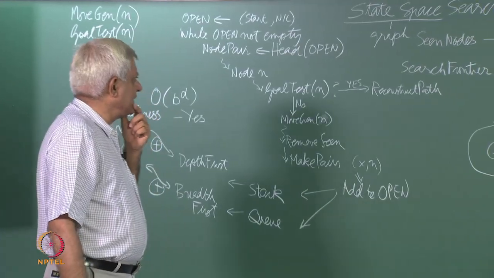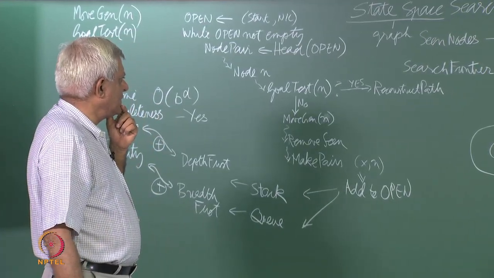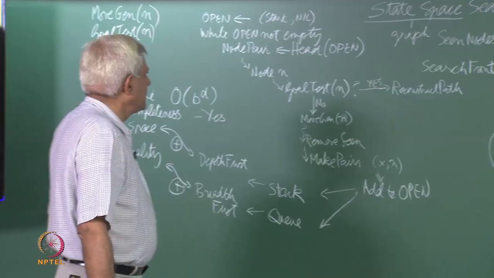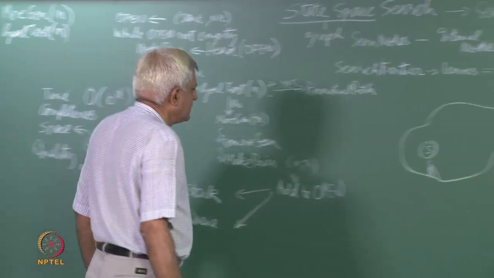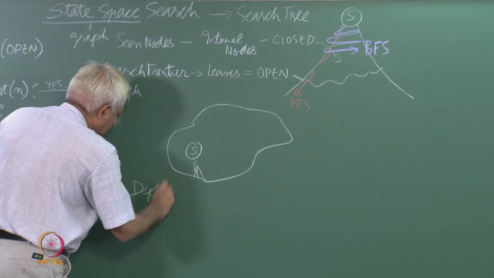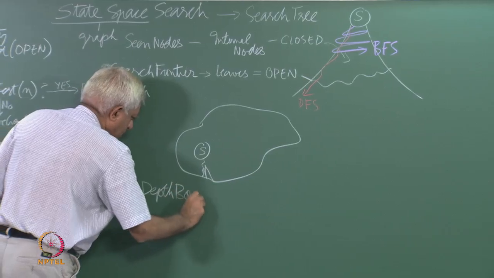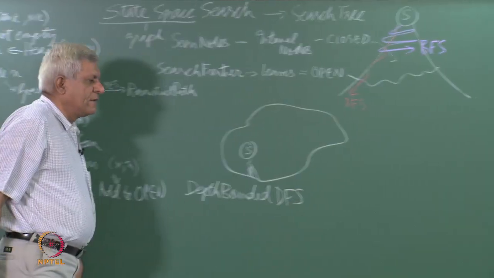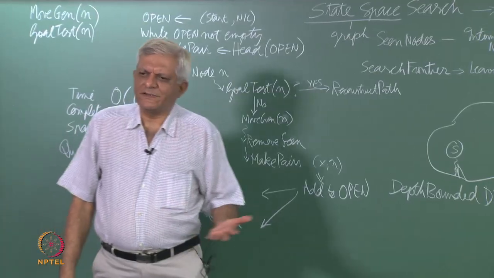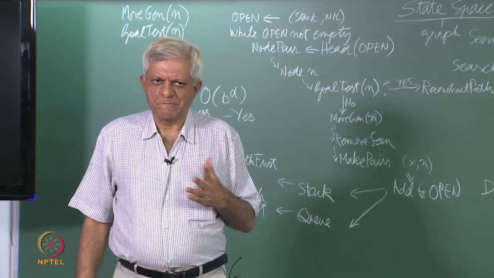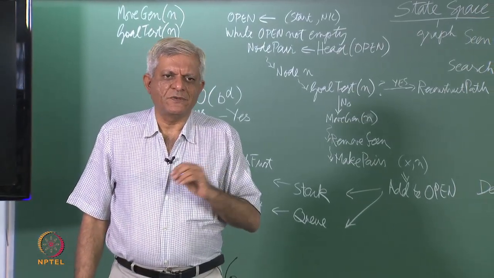So, let me introduce one new algorithm or two new algorithms. One is we will call depth bounded. So, it is just a variation on depth first search, and the variation is that we have put a depth bound.